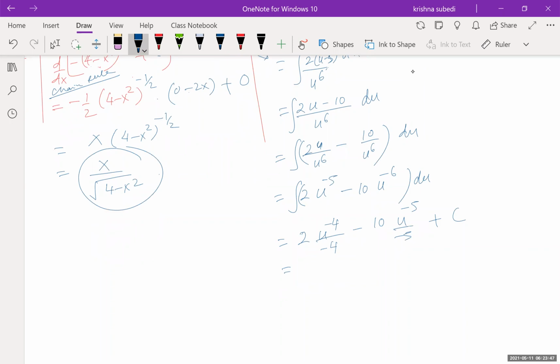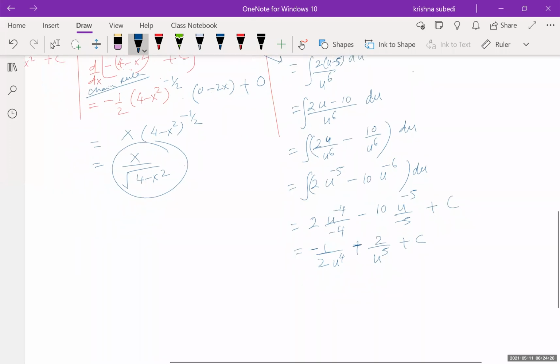So which gives me negative 1 over 2, 1 over 2u raised to power negative 4. So I can bring it down, making the power positive. Generally speaking, when you have a negative exponent, we tend to change it into positive by moving it from denominator to numerator or numerator to denominator. So that's what we do in general. And minus, in this case, negative and negative will be positive. So 10 divided by 5 is 2 over u to the power 5, making the power positive, plus c.